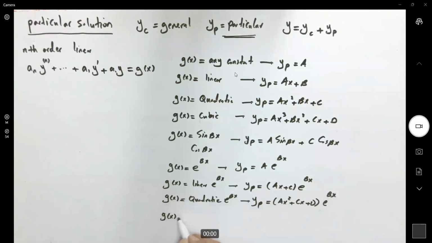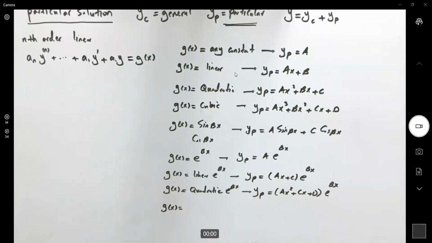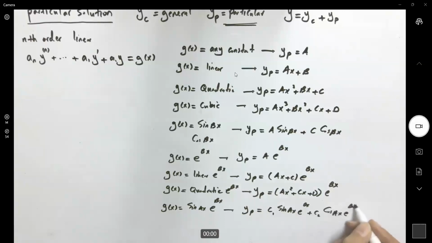If g of x is in the form of an exponential times sine or cosine, if you have the following case, sine of ax times e to the bx, then y_p, the particular solution, has the form of C1 sine of ax e to the bx plus C2 cosine of ax e to the bx.